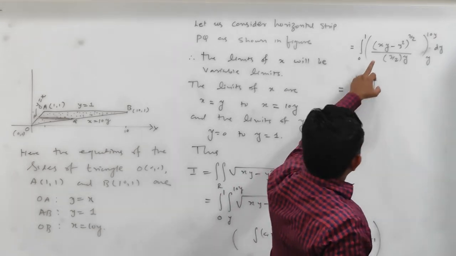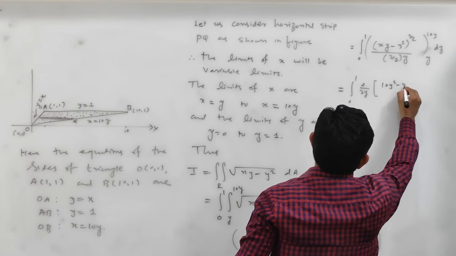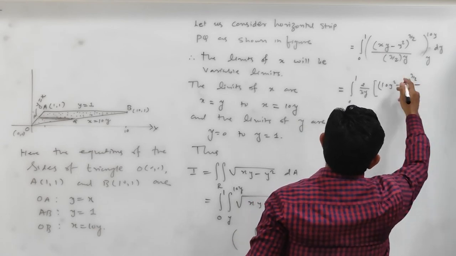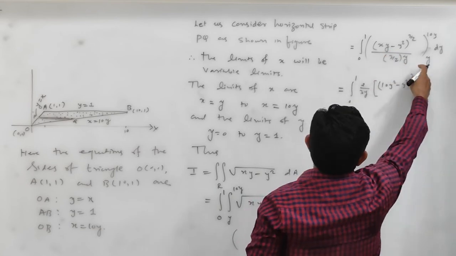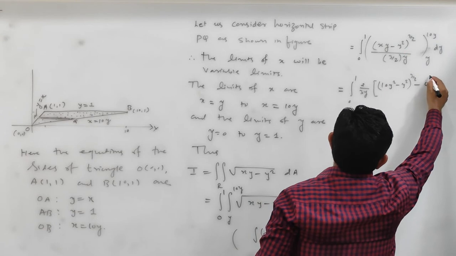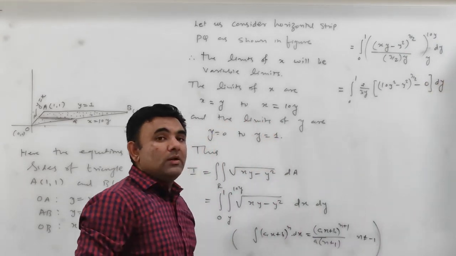In place of x it is 10y, so it is (10y square minus y square) raised to 3 by 2 minus just y, so y into y square minus y square, it is 0. That is a good thing for us, because it becomes 0.